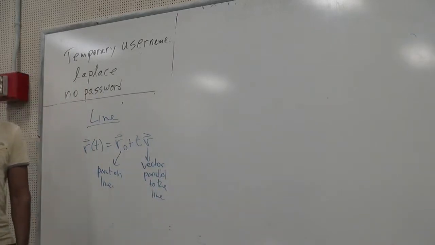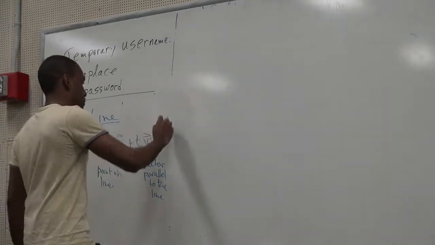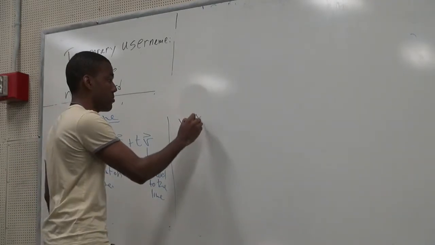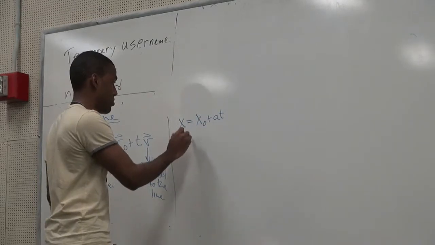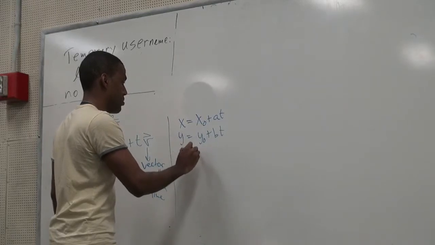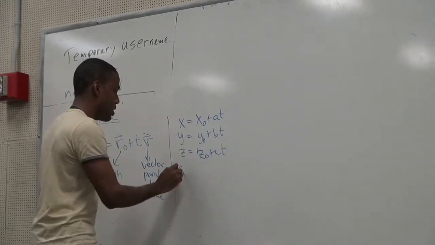Can you tell me another form for the equation of a line? x is equal to x naught plus at. And what's x naught, y naught, z naught?